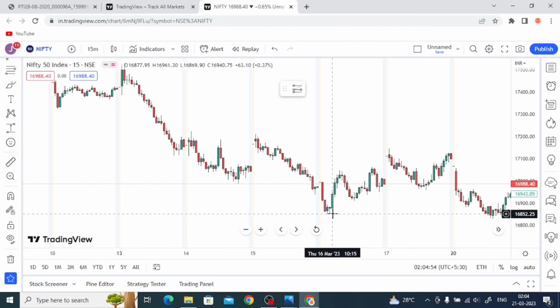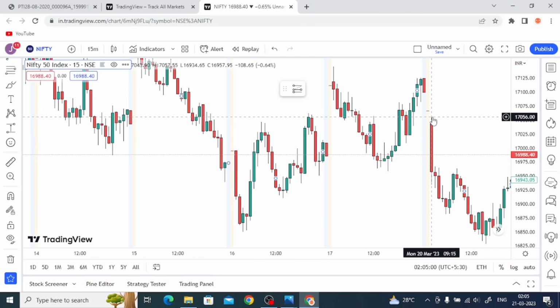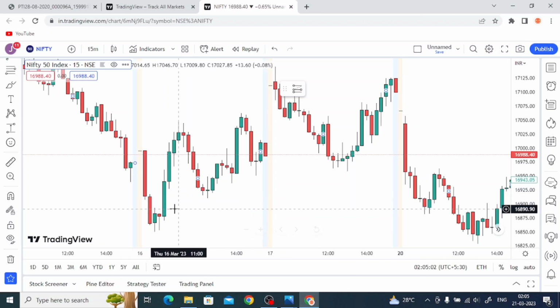16th March, Thursday, 2023, 10:50 a.m. There are continuous big green candles. They are having good momentum and good volume.